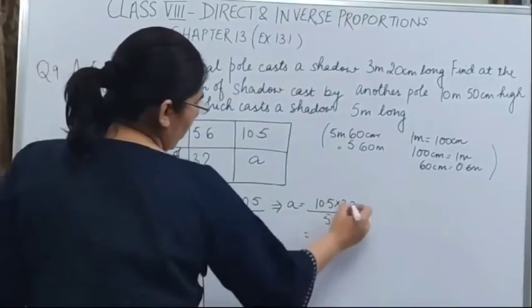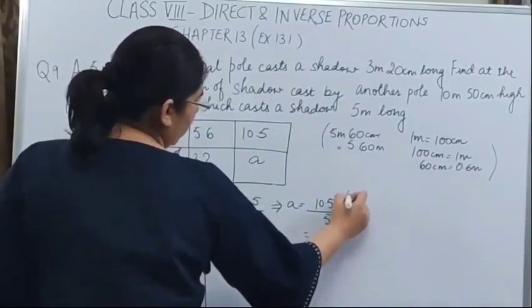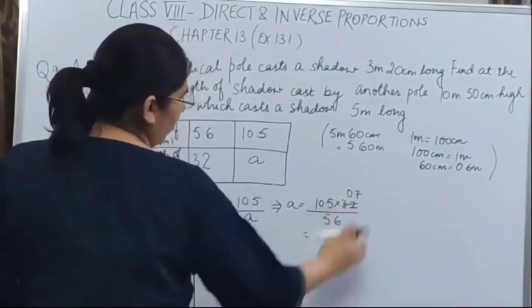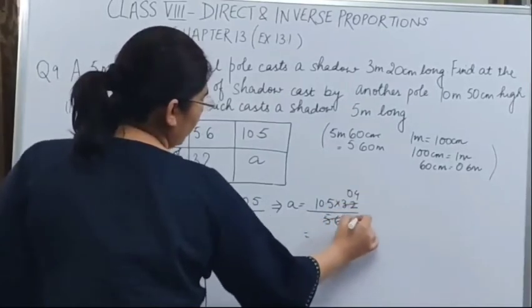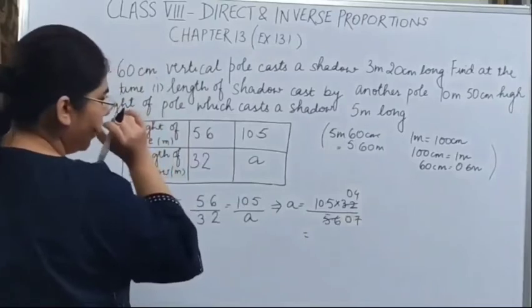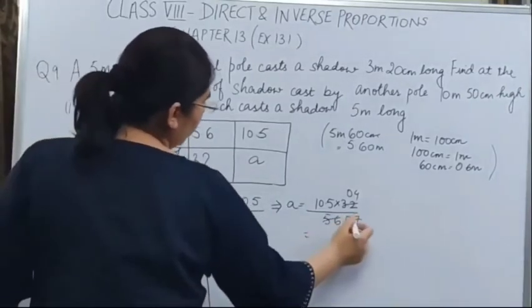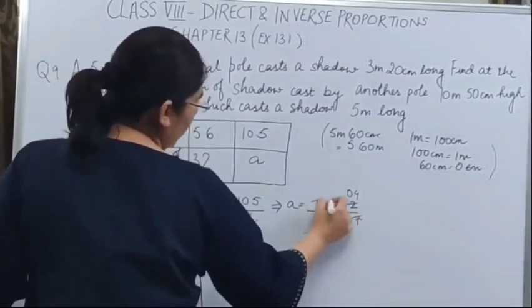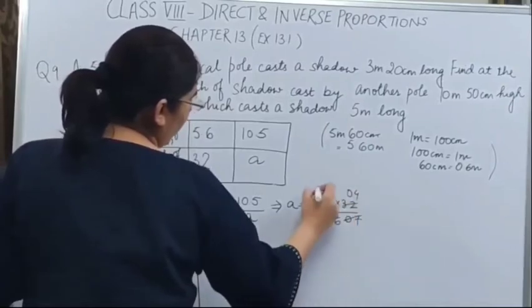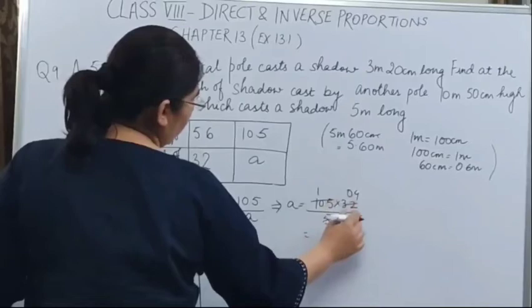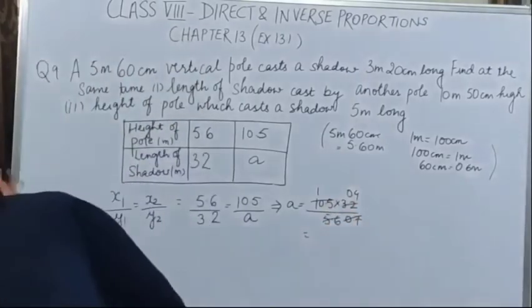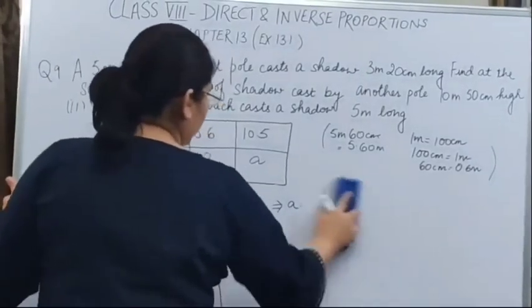We know 8 4s are 32, 8 7s are 56. Right? So what do you get?